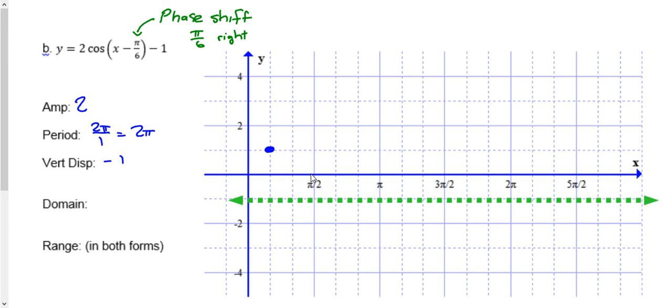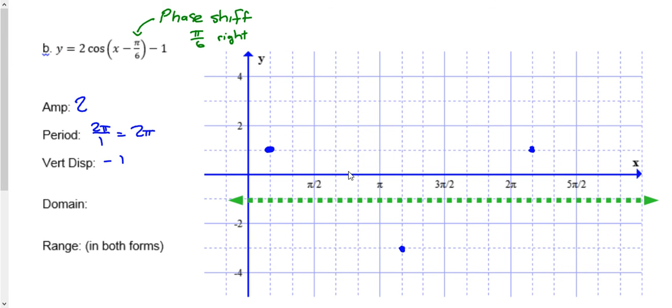At π, normally we would have been at our lowest. In this case, we're going to shift it to the right. At 2π, we would have been right back close to the end, but it's shifted to the right as well, because we shifted everything π/6 to the right.